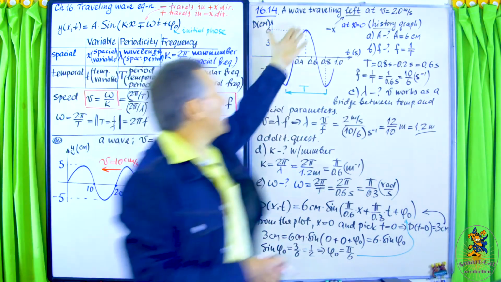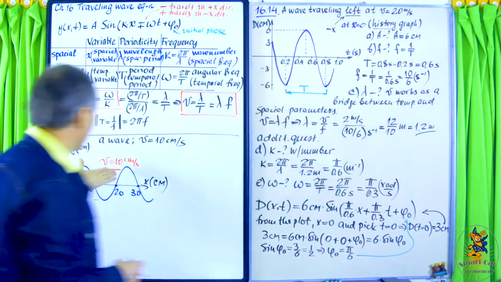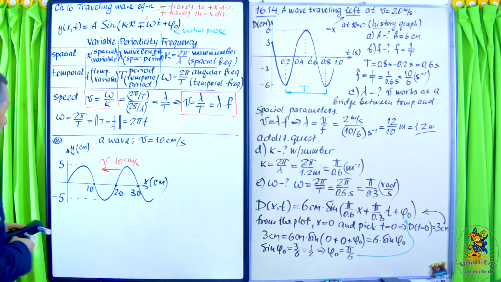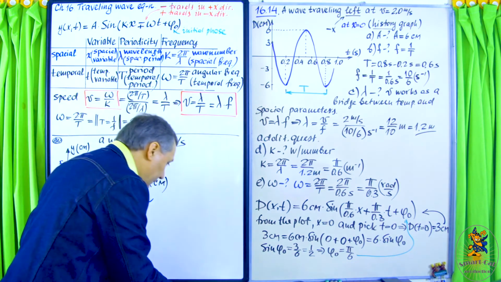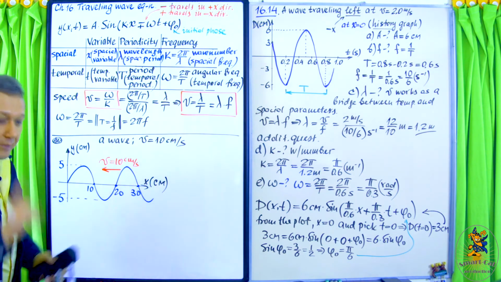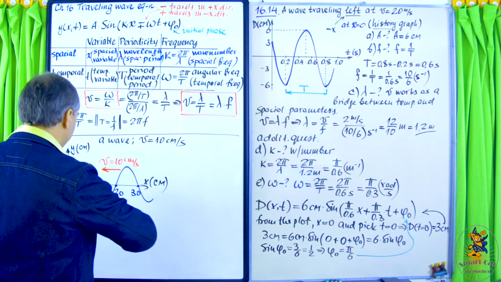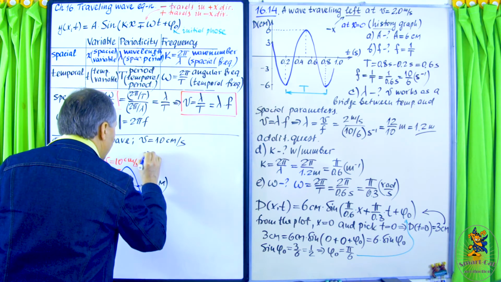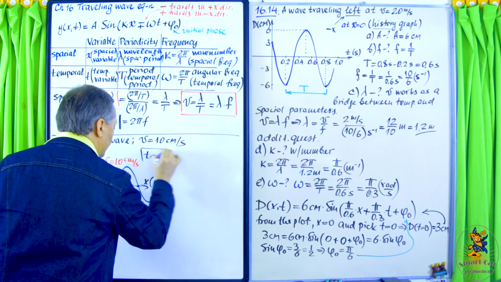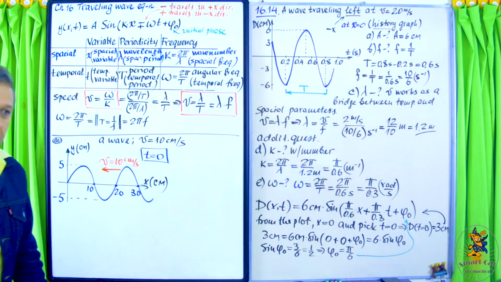There, of course, I had to write traveling left, but here I can show it with an arrow. And this graph was recorded at t equals 0.